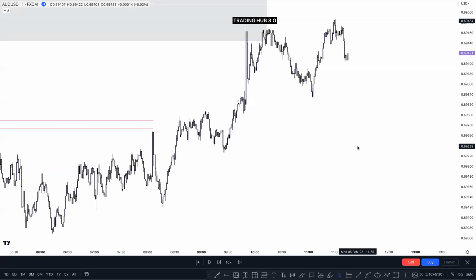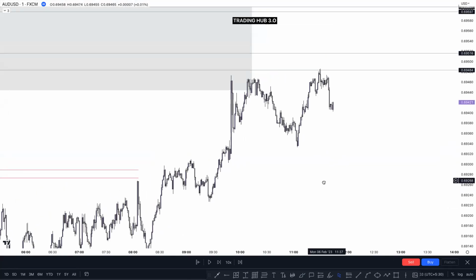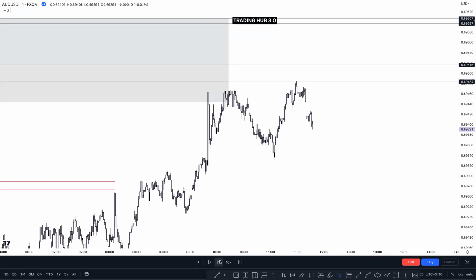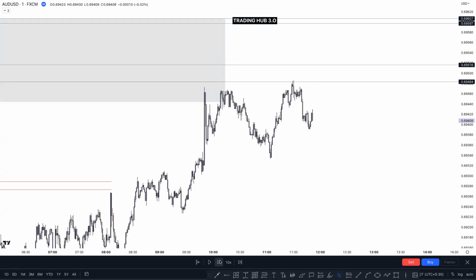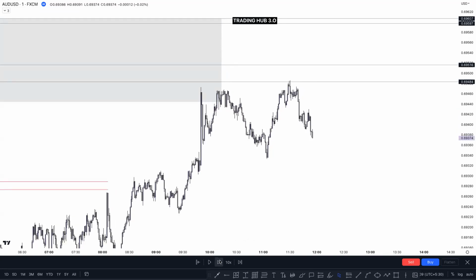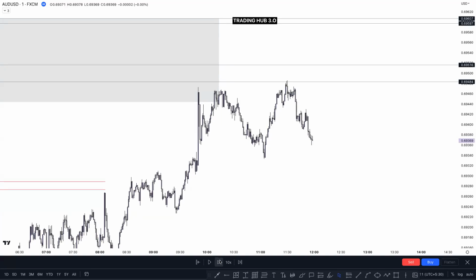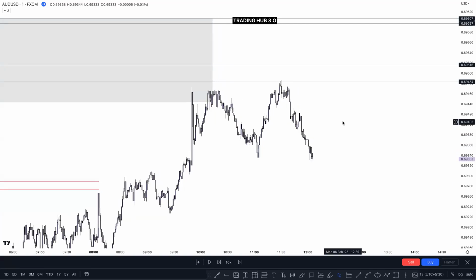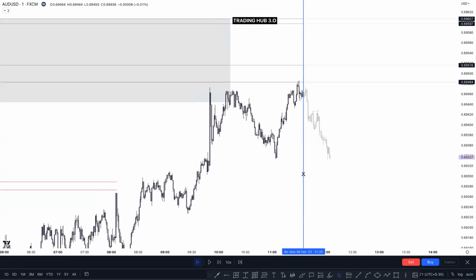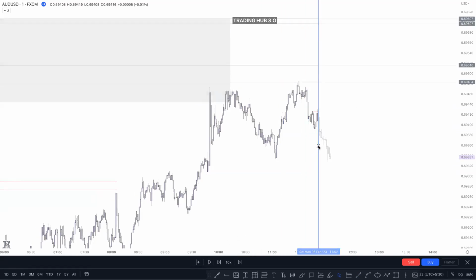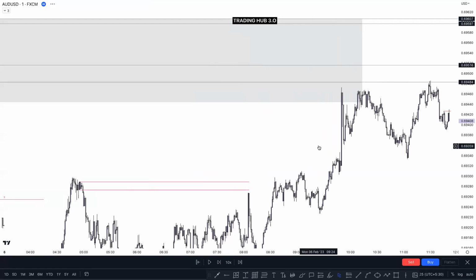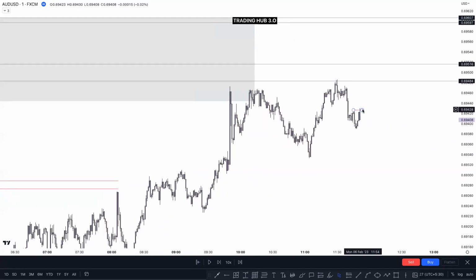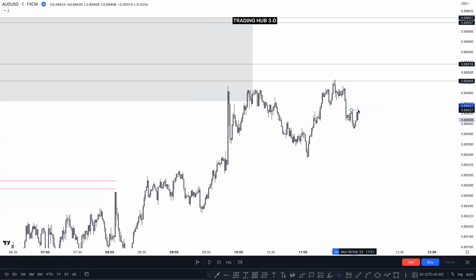So let's see what is happening here. Okay, it creates inducement, and after that takes out the inducement. Right, so price has taken out the inducement here.